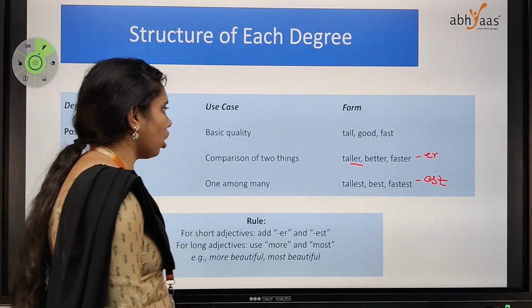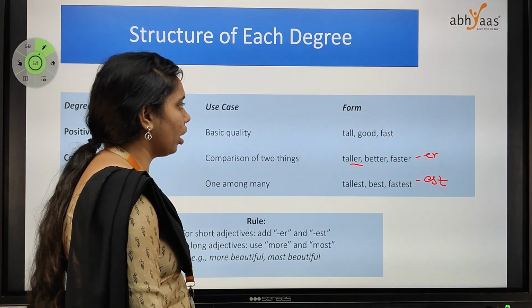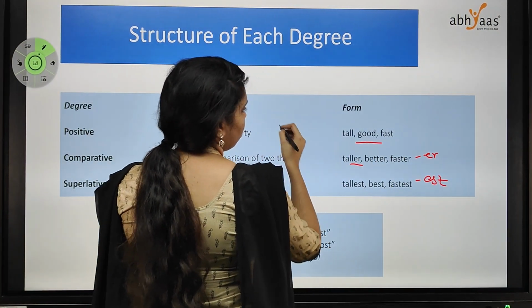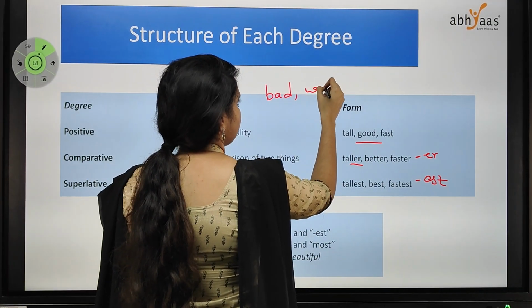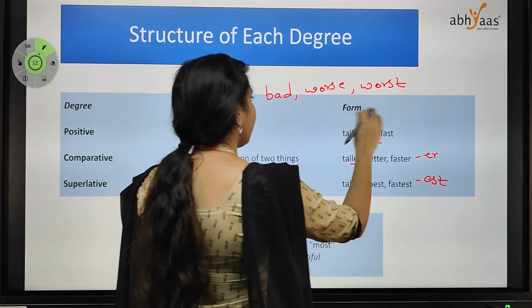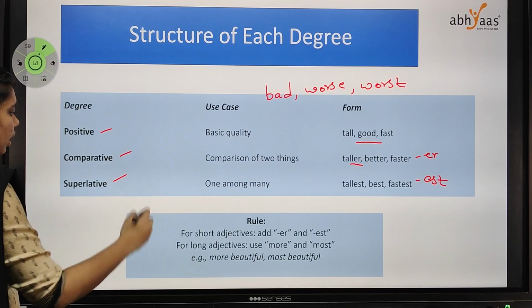For words like tall or old, it can be old, older, oldest; tall, taller, tallest. But there are also some adjectives like good and bad: good, better, best; bad, worse, worst. They are the 3 different forms for 3 different degrees of comparison.